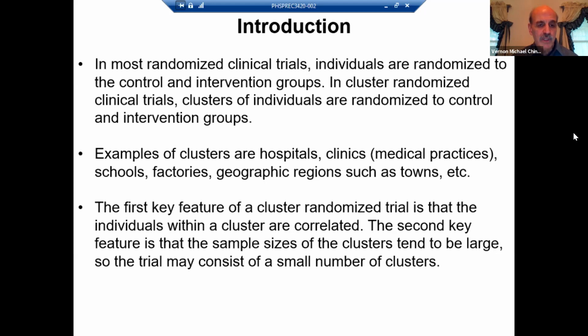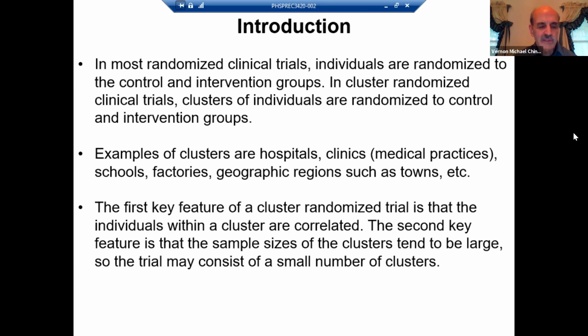Different examples of clusters, and you'll see all kinds of applications of this in the literature: clusters could be hospitals, clinics or medical practices, schools, factories, even geographic regions that can be cluster randomized. The first key feature to keep in mind is that within a cluster there tends to be a correlation.